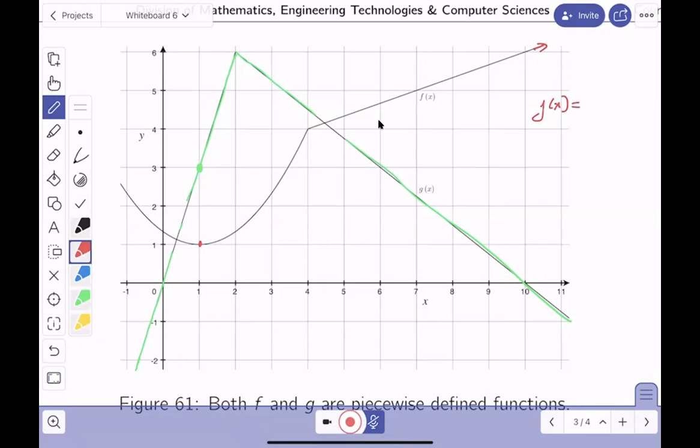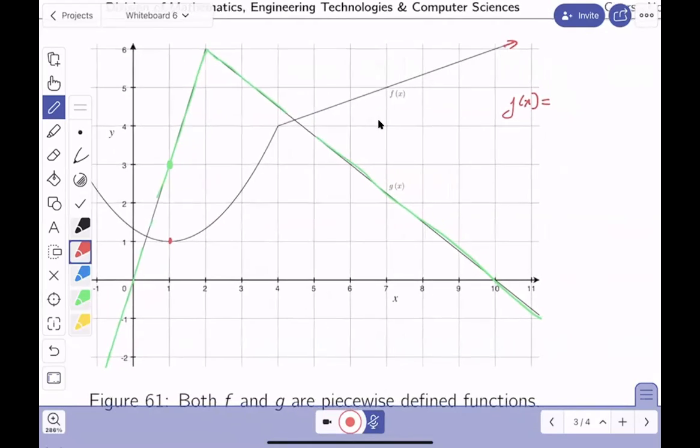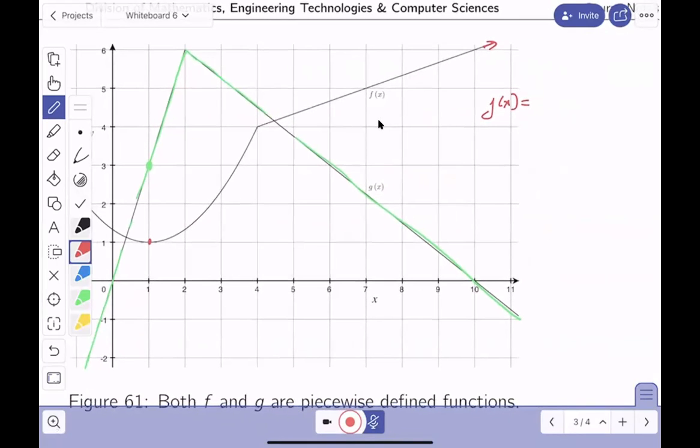And let's take a look at that quadratic there. Well, it's definitely opening upward. It's got a vertex at 1. So I'm going to put this down over here. So I'm going to say, something like this. x minus 1 squared plus 1.